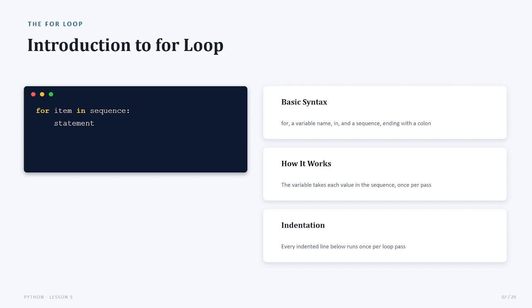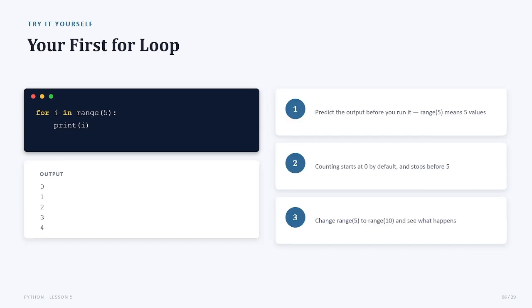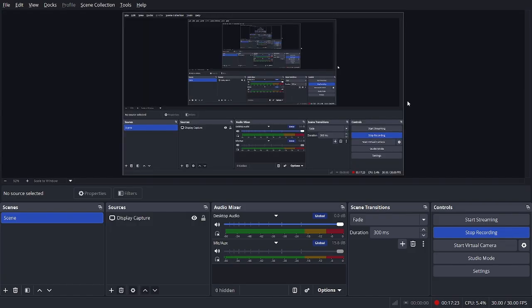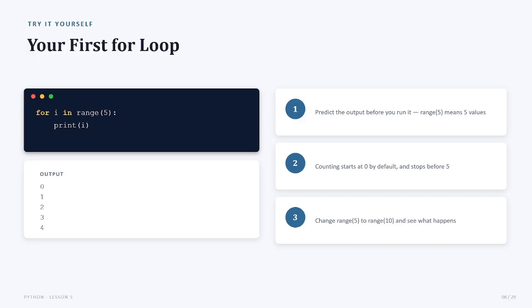Now moving forward, our very first for loop code. Now open VS Code and type what I'm typing.